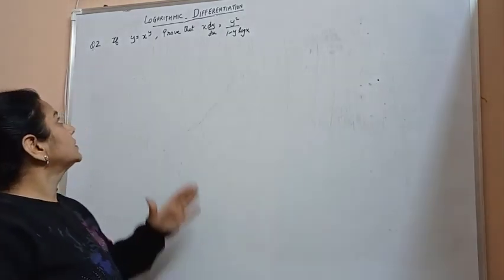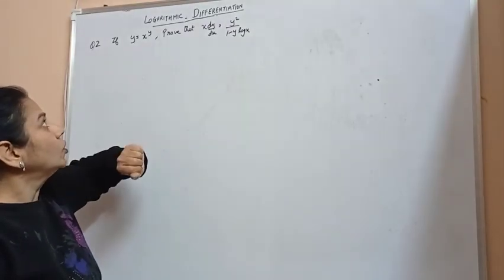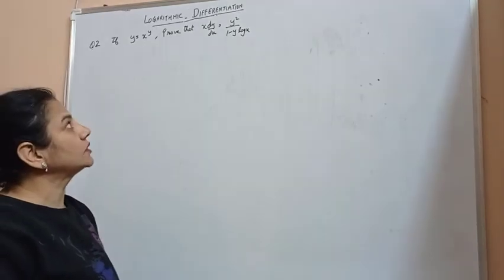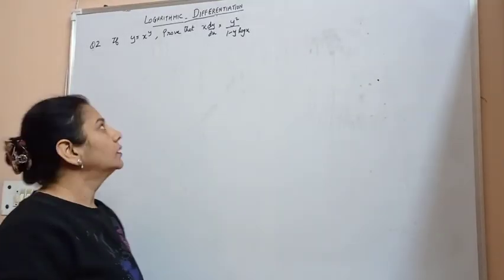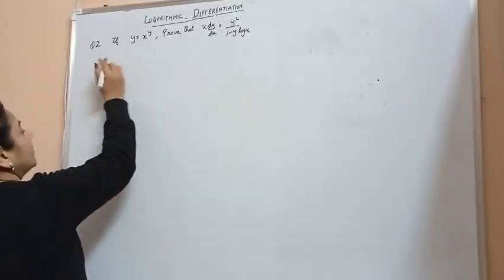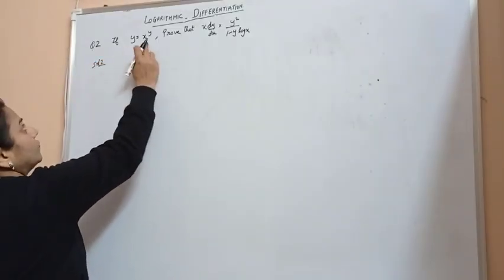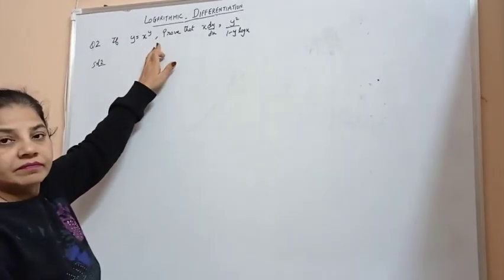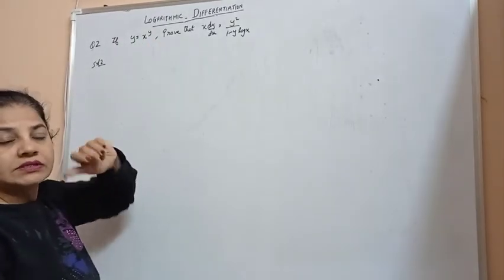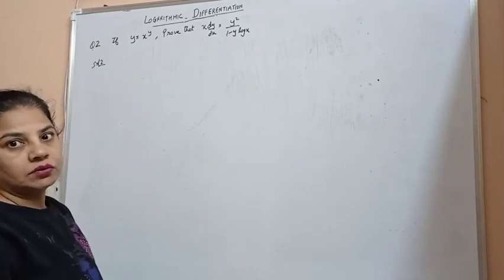Now in this case, function is given as y is equal to x to the power y. Prove that x dy by dx is equal to y square upon 1 minus y log x. Since here we have function to the power function, whenever function to the power function is given to us, we apply taking log on both sides.